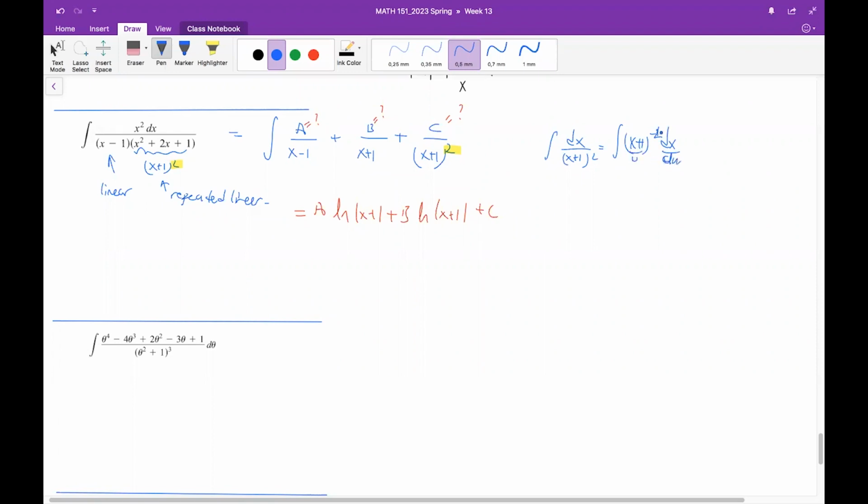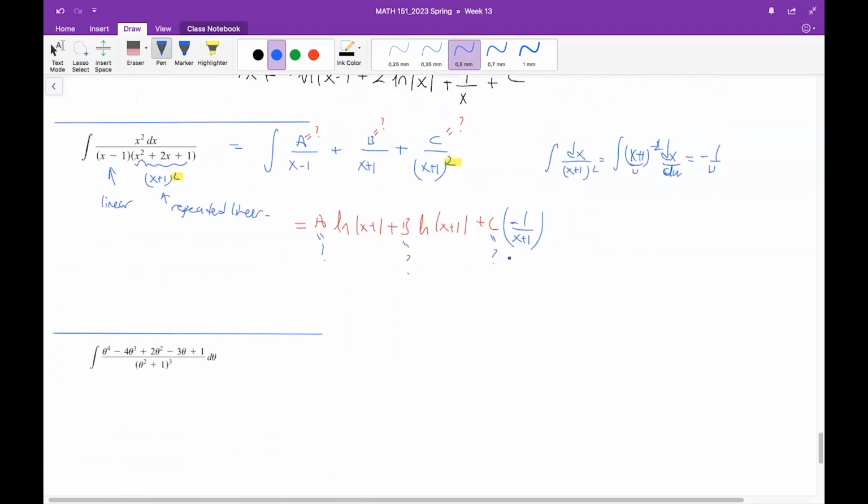That's why it is u to the power minus 2 du. So it is minus 1 over u, which is minus 1 over x plus 1. Okay, your result will look like this. Of course, you need to find what A, B, and C are. Okay, let's move on if no questions about this example.